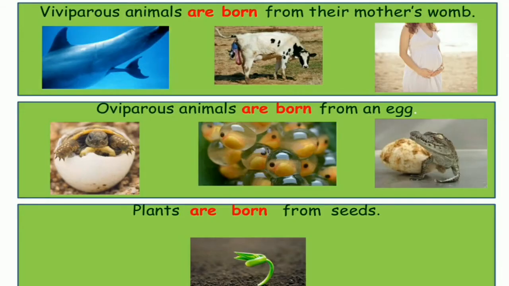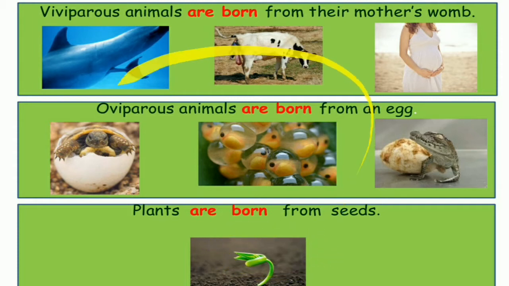Viviparous animals are born from their mother's womb. So here we can see an example of a viviparous animal, and then oviparous animals are born from eggs. Here we can see oviparous animals, they are born from eggs, and plants are born from seeds.